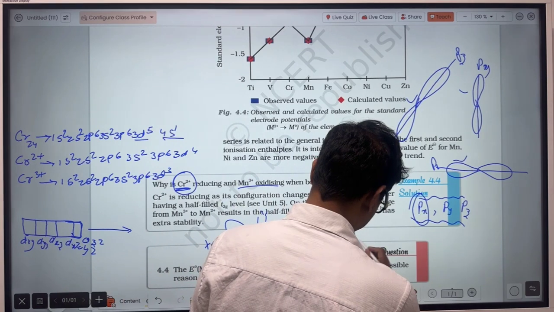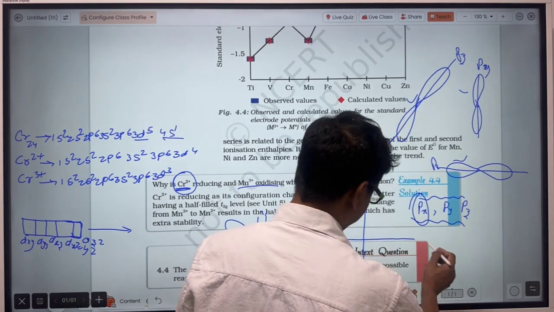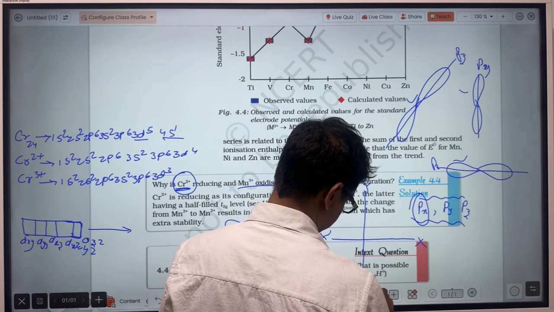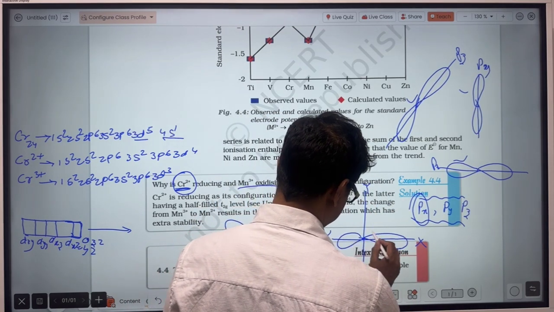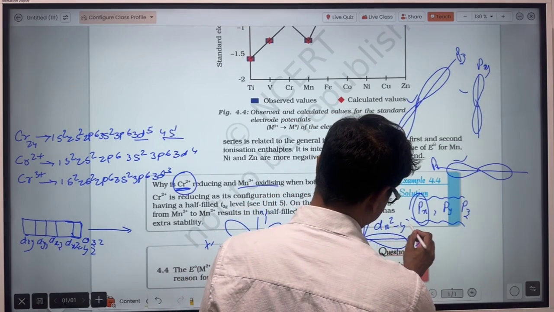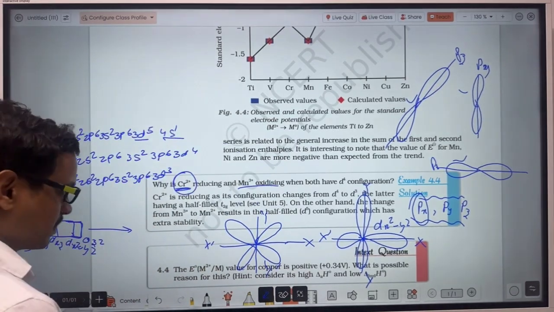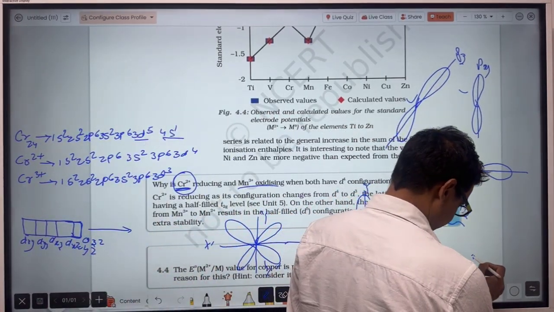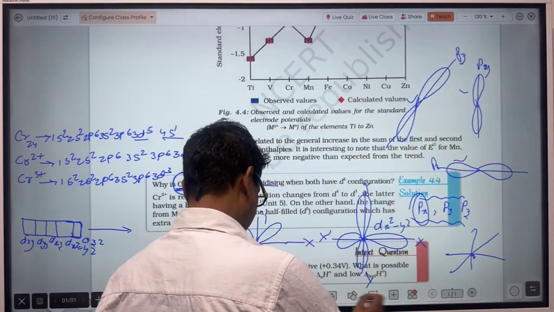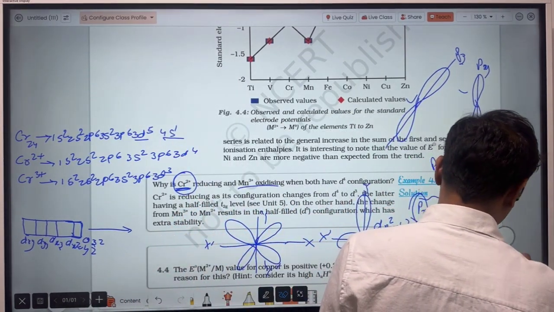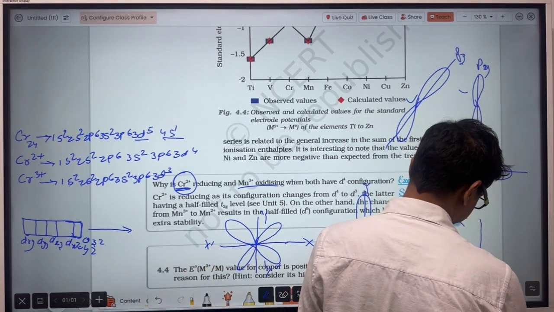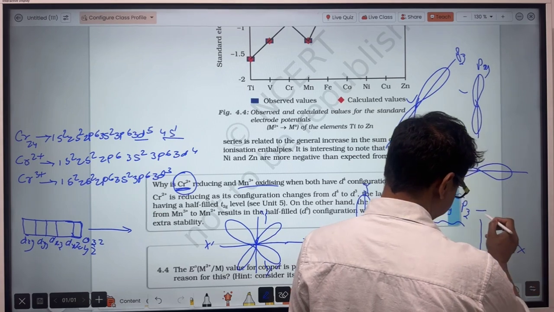dx square minus y square means one lobe will be along the x-axis and another lobe along the y-axis. So this orbital is dx square minus y square. And what is dz square? This is the origin from where the x, y and z orbitals originate. For convenience I am taking only one axis. Here is the origin, this one is x, this is z, not y.